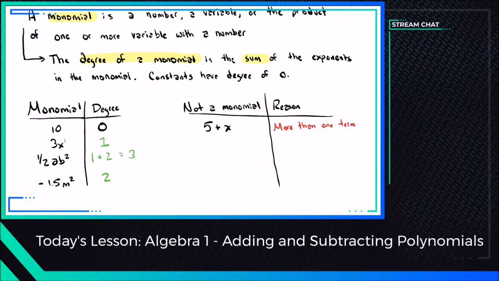What if we look at 2 divided by n? We defined a monomial to be the product, not the divisor. So we cannot have a variable in the denominator. That's a negative exponent.